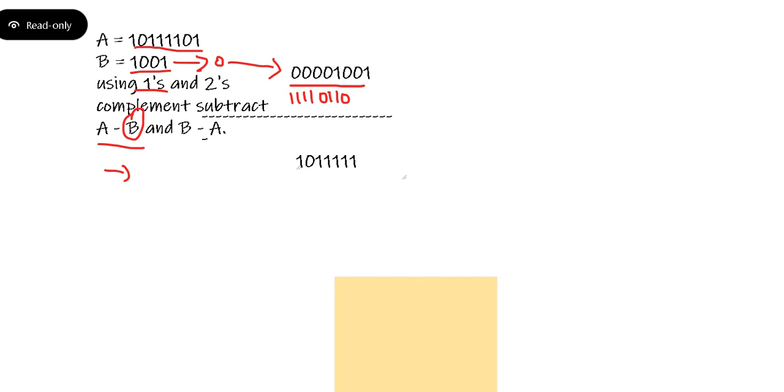Okay, so this is the value. Now what I'm going to do is add this to the minuend, that is nothing but 1 0 1 1 1 1 0 1. So when I add it, what will I get?